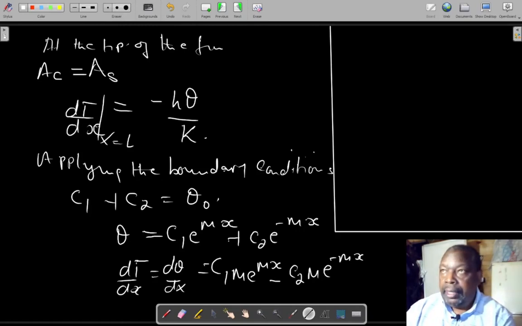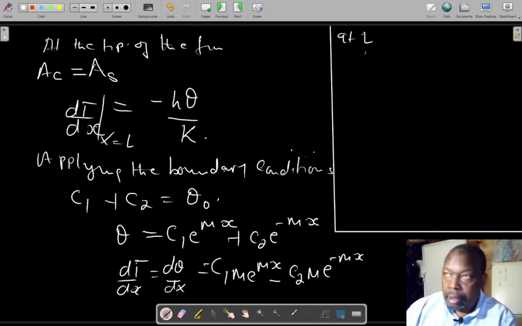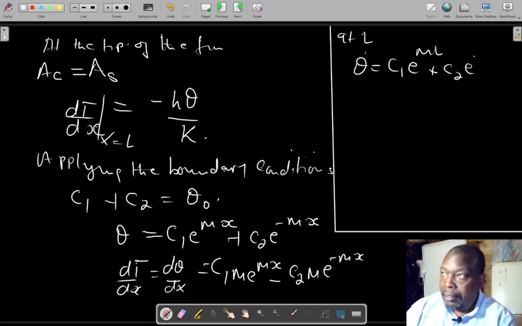So at L we have theta equal to C1 e^(mL) plus C2 e^(-mL).